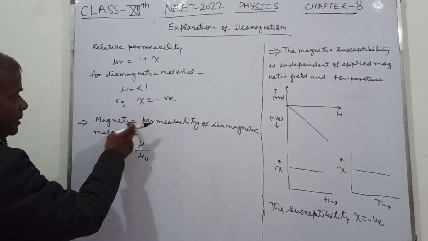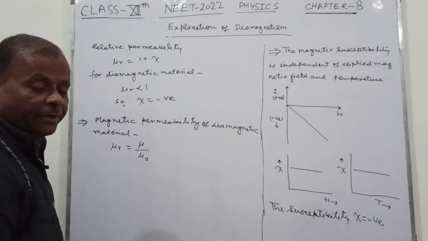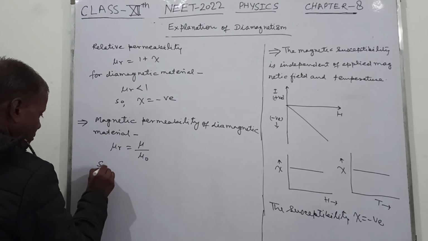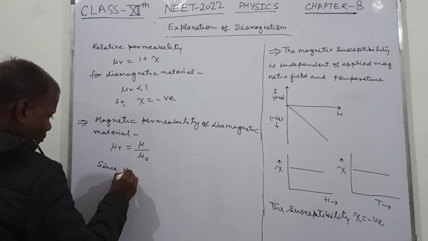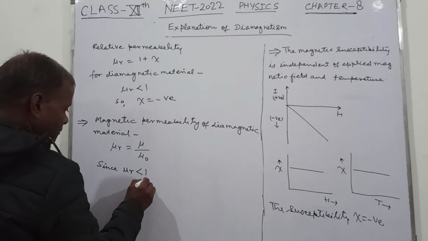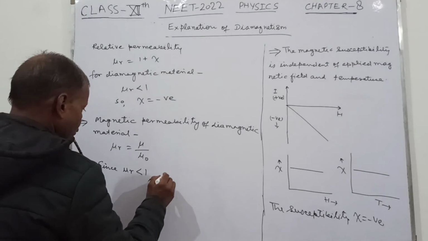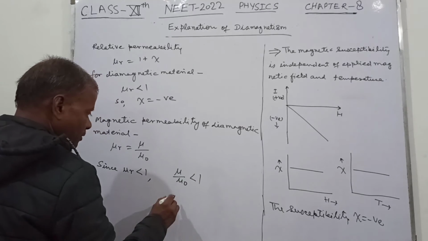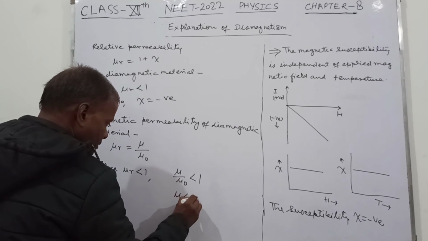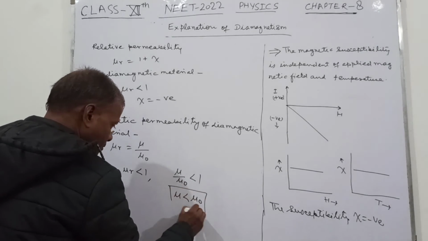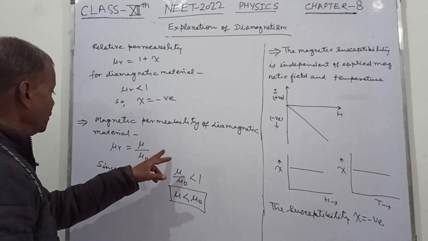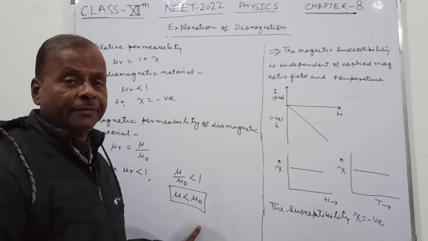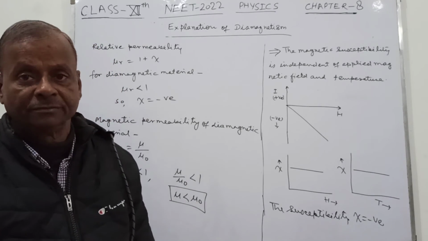Mu is the magnetic permeability of the material and mu naught is the magnetic permeability of free space. Since mu r is less than 1, mu upon mu naught is less than 1, or mu is less than mu naught. The magnetic permeability of a diamagnetic material is less than the magnetic permeability of free space.